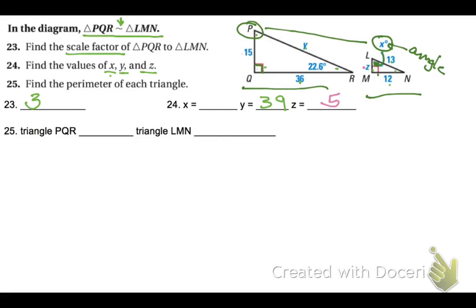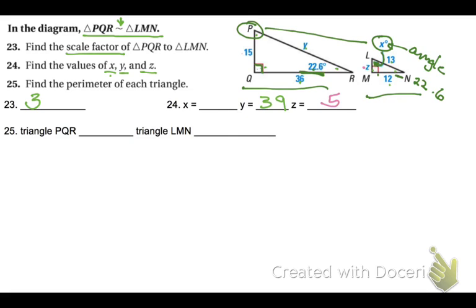Remember, we have similar triangles, so their corresponding angles are congruent. And it tells us that this angle is equal to 22.6. So it turns out that this angle is also going to be equal to 22.6.